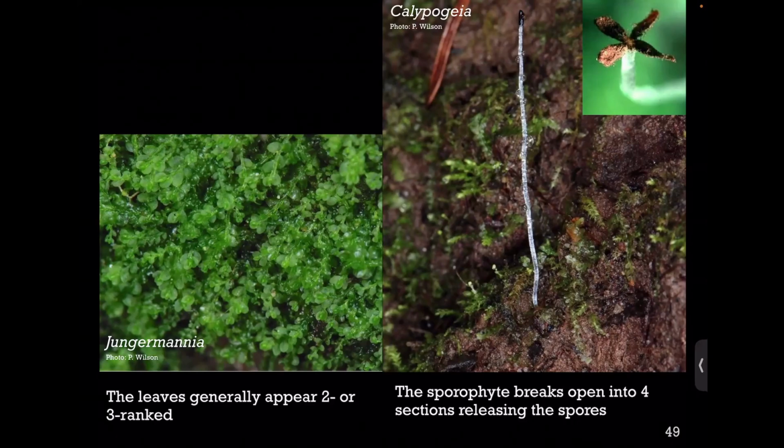There are exceptions. There are definitely mosses that have 2 ranks of leaves. If it has a midrib, it's probably a moss, but there's lots and lots of mosses that don't have midribs. And there are a few liverworts that you could maybe think that they have something like a midrib.